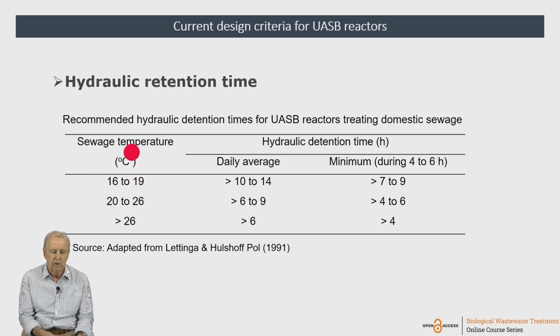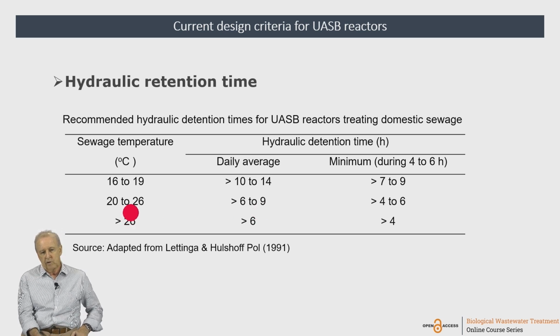If the wastewater is between 16 and 19 degrees, usually we demand higher hydraulic retention times, here for the daily average flow, and here for the minimum that should be kept during 4 to 6 hours inside the reactor. As the temperature goes up, for instance, between 20 to 26 degrees, the hydraulic retention time for the average flow rate is usually above 6 up to 9 hours.